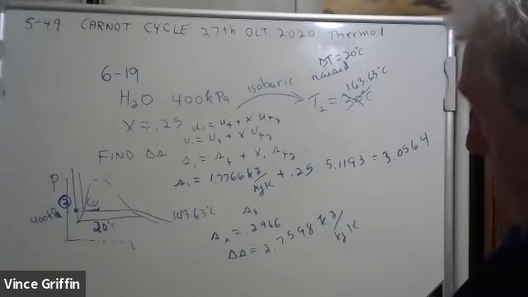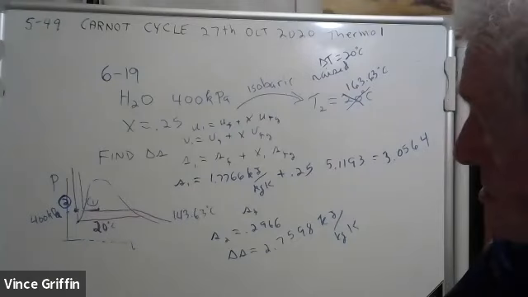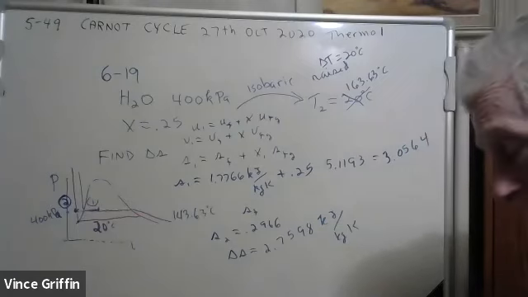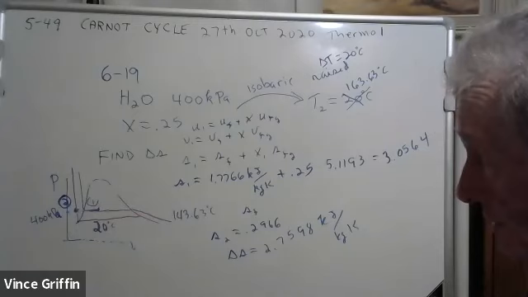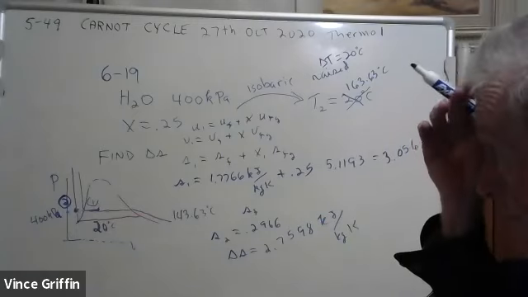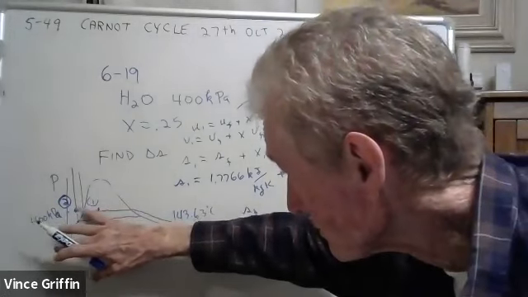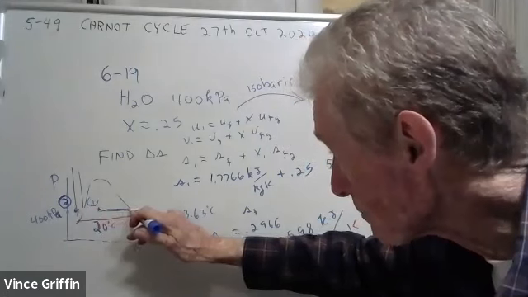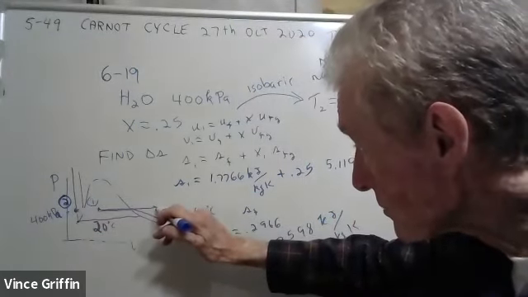Okay, now how are we going to find the specific entropy there? Well, we know the pressure, it's 400 kilopascals. So we're just going to go to 400 kilopascals. I went the wrong way, guys. We're going to go this way, and we're going to go out here until we get to state 2.